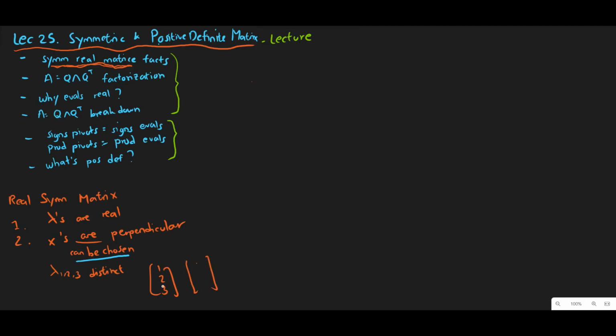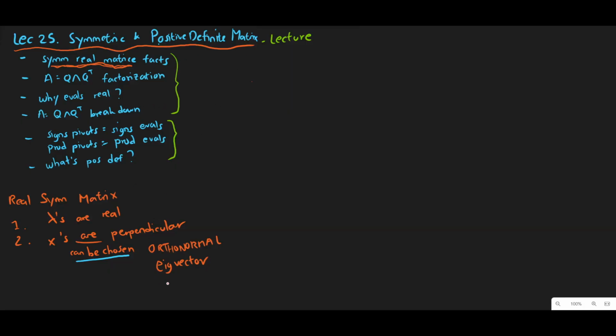But this is not a unit vector, which means they are not orthonormal. And that's what this wants to express, that we can choose these to be orthonormal as well. So that's about the first one.